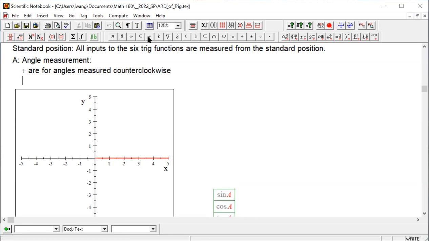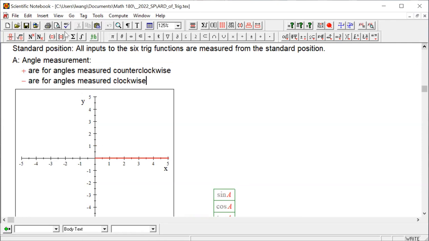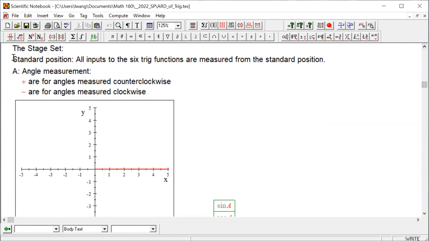Negative angles are for angles measured clockwise. So this is the first important rule on the stage set, before we introduce trig functions, about angle measurement.